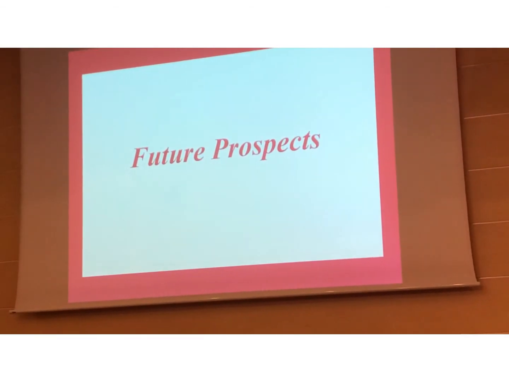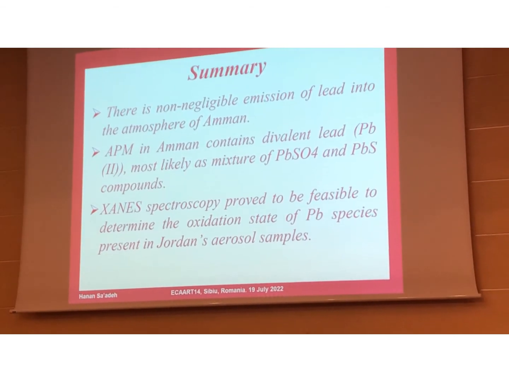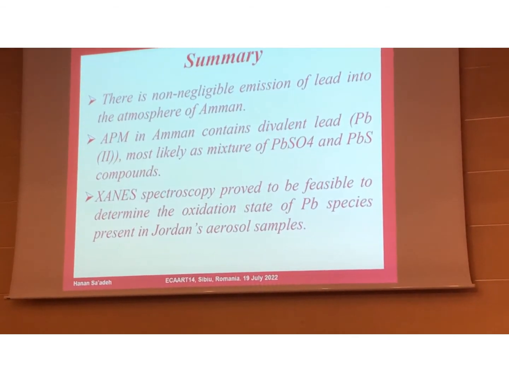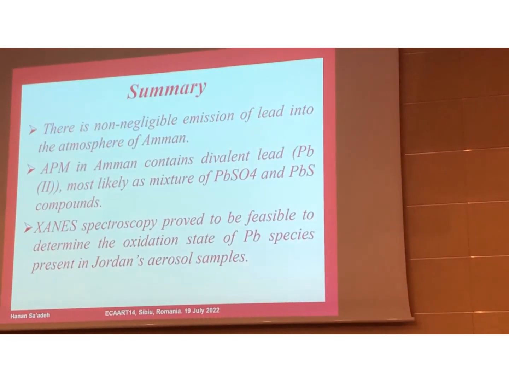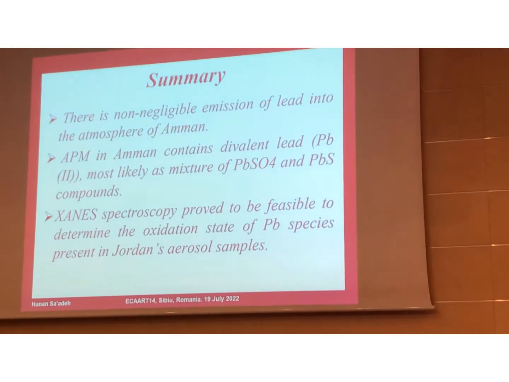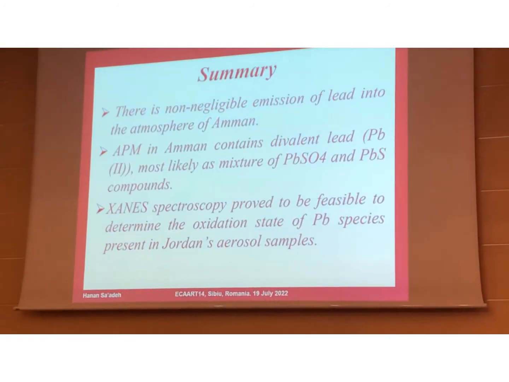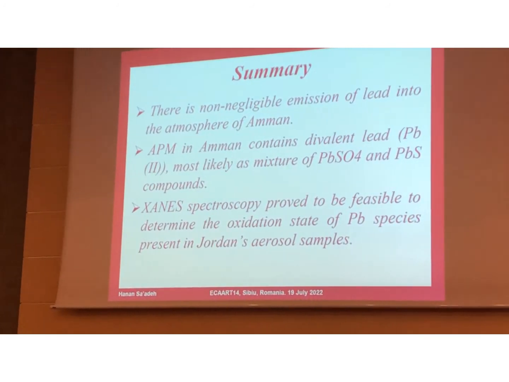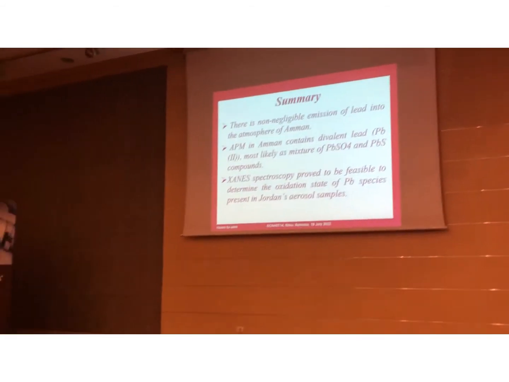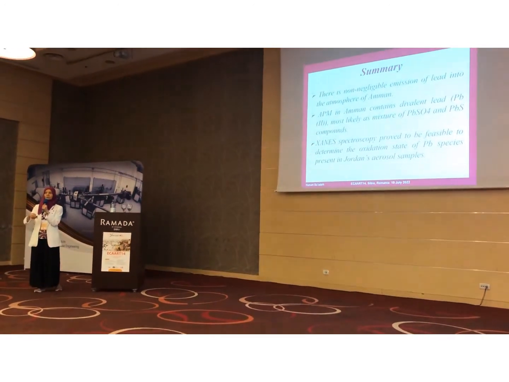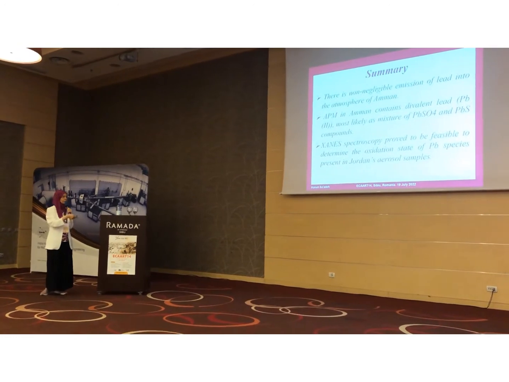XANES confirmed that most likely the chemical structure of that lead in the Amman atmosphere comes from divalent lead compounds, and by this information, XANES proved its feasibility to check the oxidation state of Jordan samples, although the load of lead in the sample is very low. It's a trace element, but it was sensitive enough to do it. And if we do the measurement for a much longer time, I believe that statistics will be further improved.